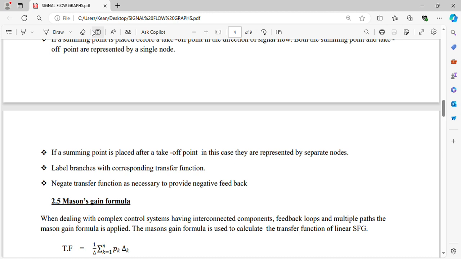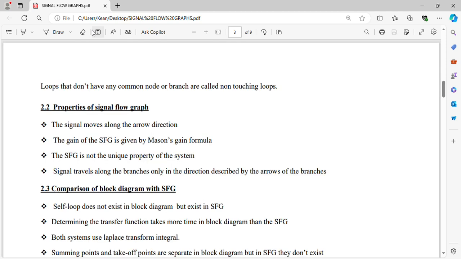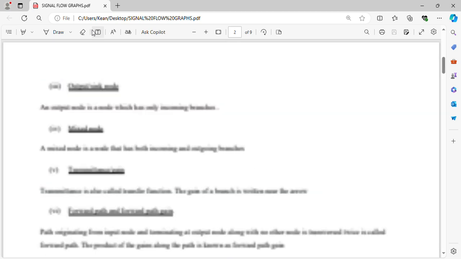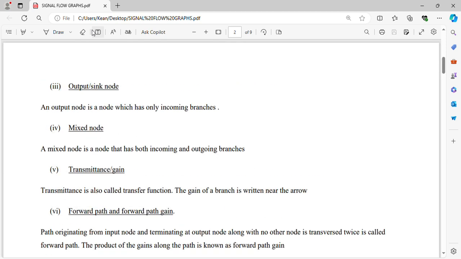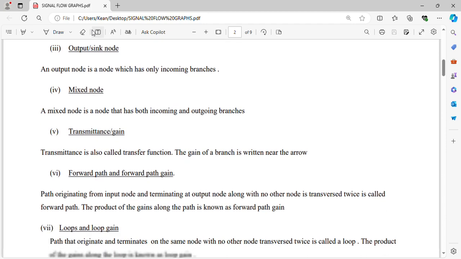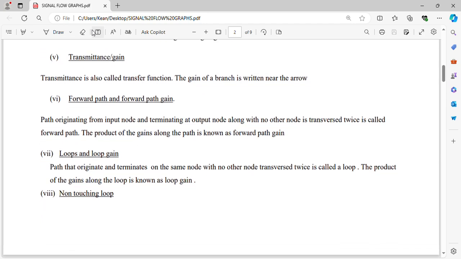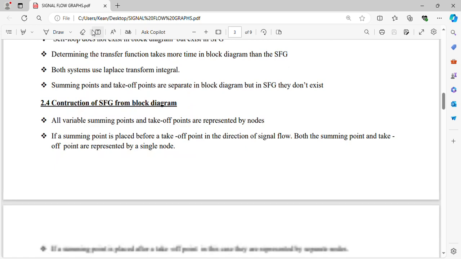Just as in block diagrams, when we move blocks and takeoff points, we are supposed to have the same output. Then we label the branches. Along the branches, we put the arrows. Let me go back there.